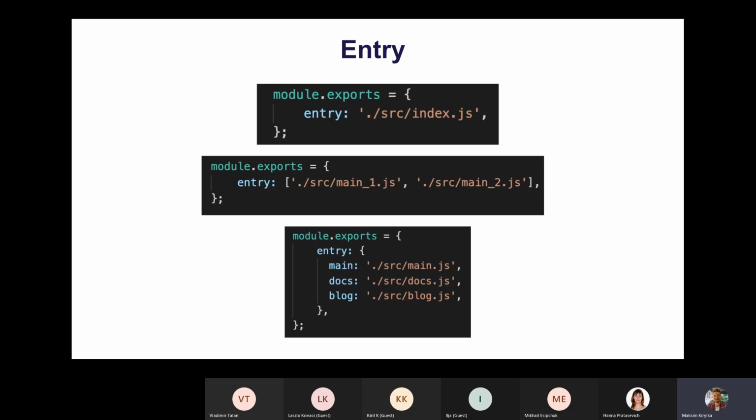An entry point indicates which module Webpack should use to start building its internal dependency graph. For example, here entry point is the file index.js in the src folder. But it's possible to specify several entries like this using array and like this using object.